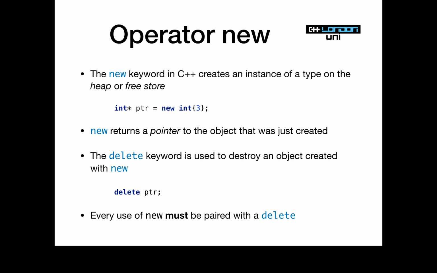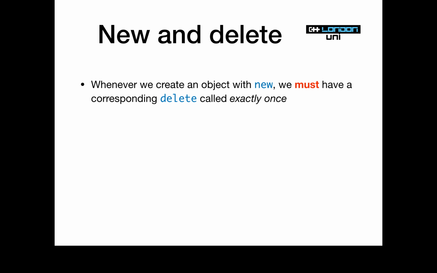But here's the kicker. Every use of new must be paired with a delete. Whenever we create an object with new, we must have a corresponding delete that is called exactly once. No matter what our code path is, we must call delete exactly once.